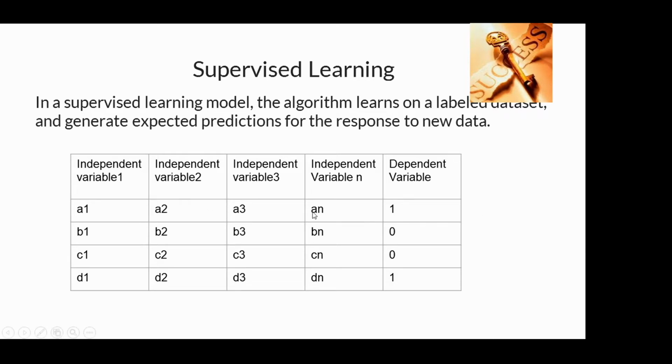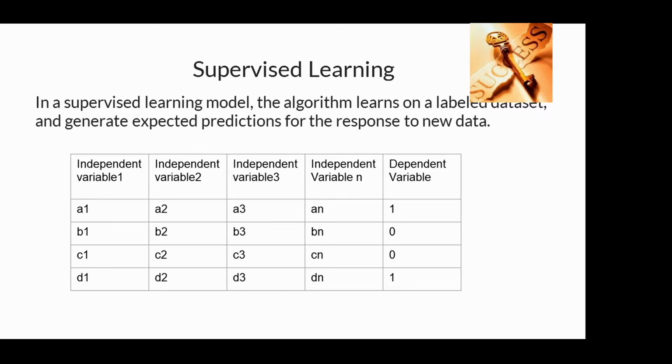For the first record we have put 1, for the second and third records we have put 0, and for the fourth record we have put 1. If this kind of data, d1, d2, d3, dn, is in the data set, then it is a positive category. And b1 and c1, the second and third rows, belong to the negative category.